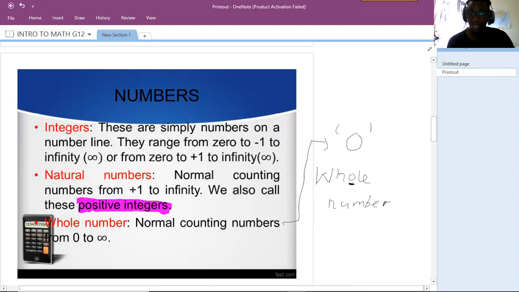So these are the numbers that prepare school kids, even us, to start doing our addition, our subtraction, our multiplication, where you introduce the zero, you introduce mathematics. You started learning mathematics when the concept of zero was introduced to you. So those are what we call whole numbers.